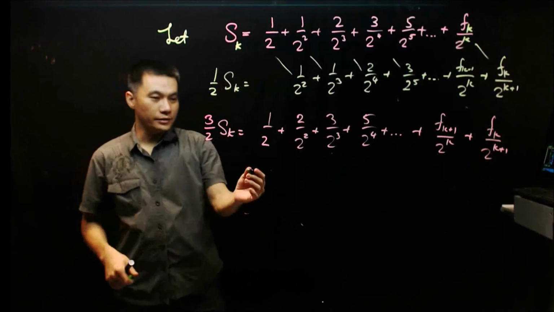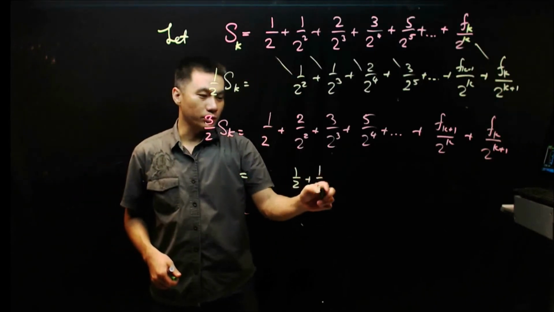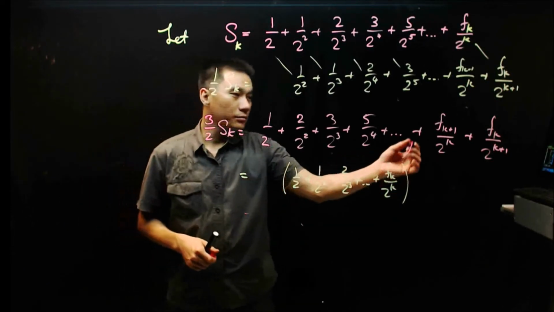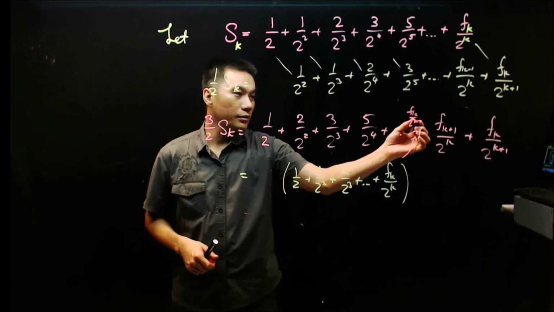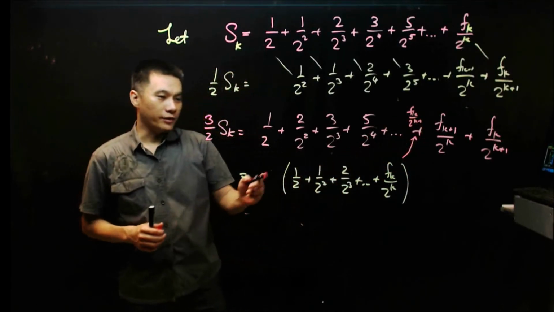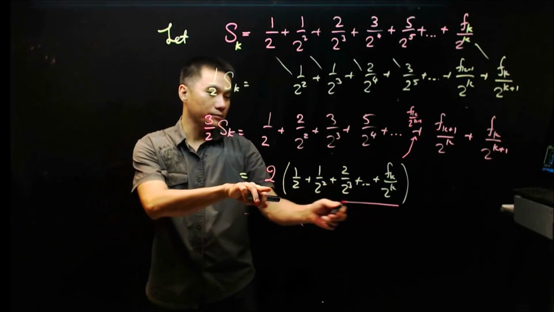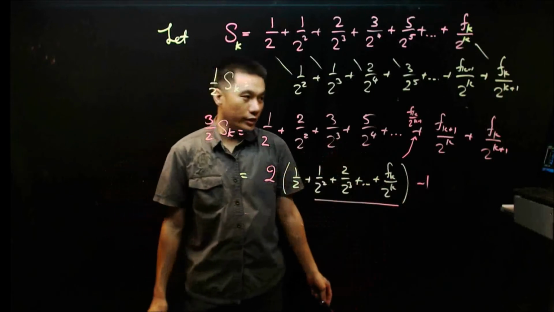So similarly, I write the S_k as half, 1 over 2. I will actually use up the terms before here, F_k over 2^(k-1). In order to have that, I need to multiply with 2, and I have all the terms here. But I do not have 1, so I need to minus 1.